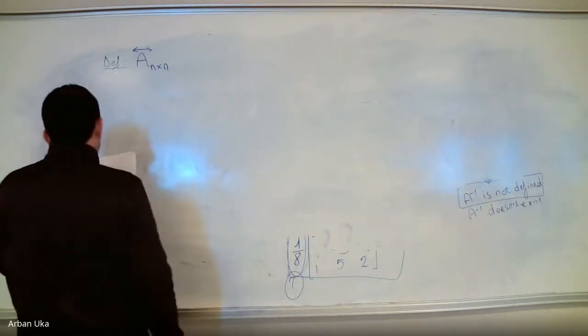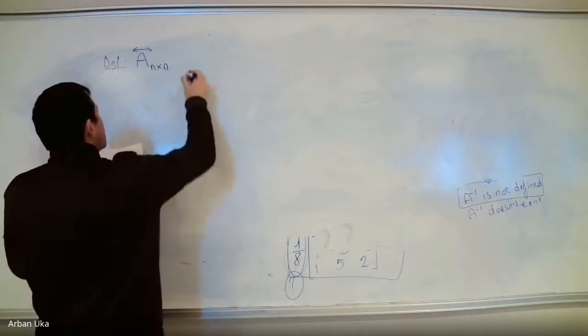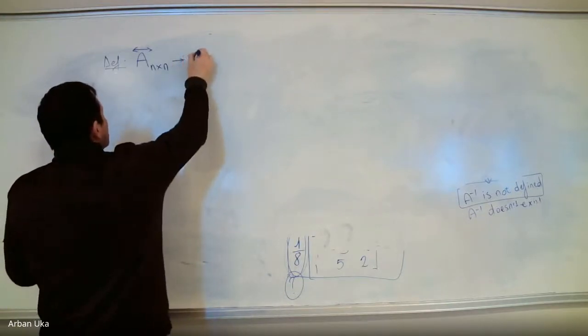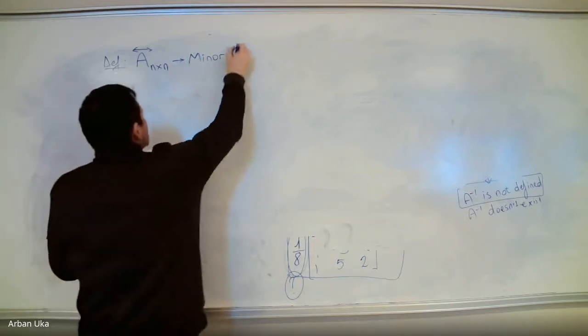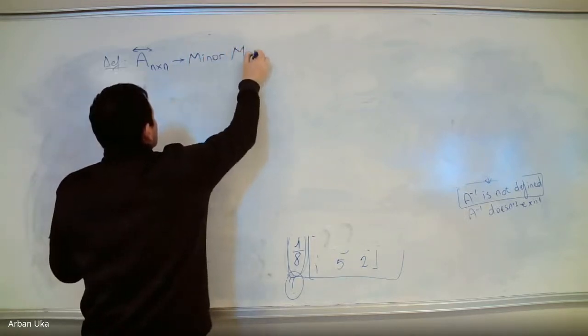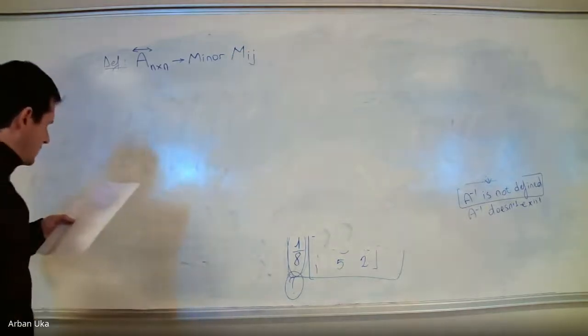Now, the first thing we need to do is that this is the matrix n by n. Then we define a minor Mij. Okay, we define the minors.